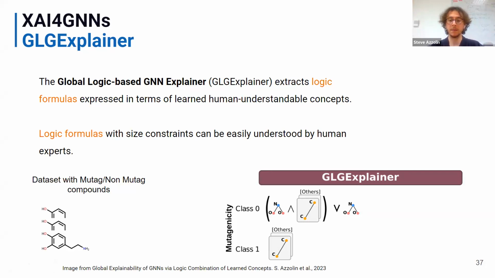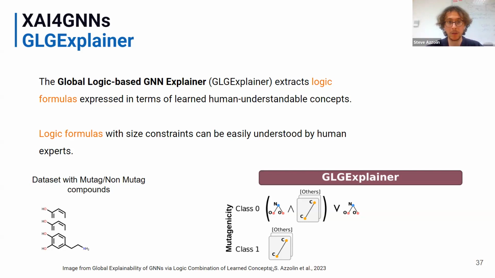This means that the model learns to recognize this functional group, and this logic explanation is telling you that mutagenicity is typically implied by the presence of this functional group. And so this gives the human expert a way to evaluate whether the model correctly learns the underlying pattern in the input data.